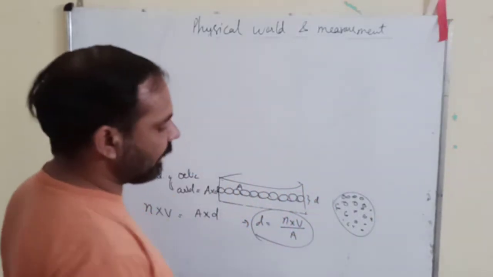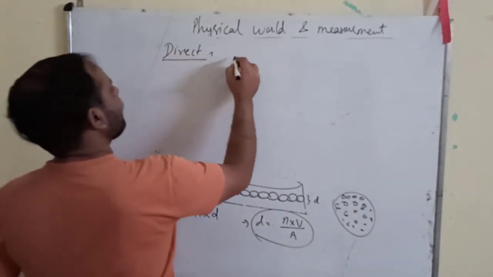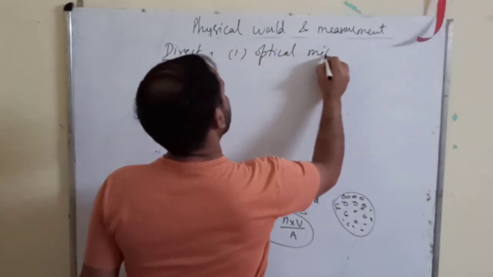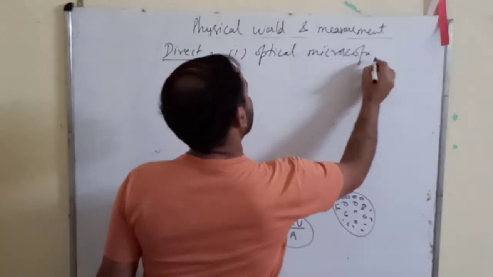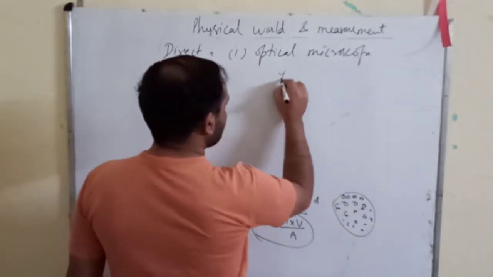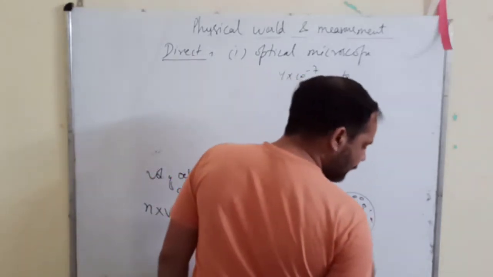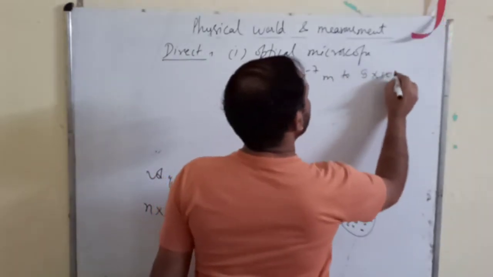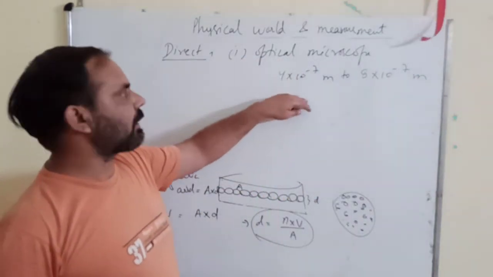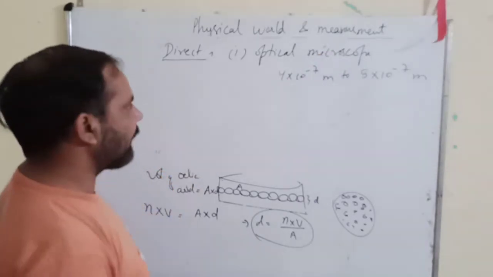In direct methods we have the optical microscope, which can measure from 4 into 10 raised power minus 7 meter to 8 into 10 raised power minus 7 meters. Up to this much distance it can measure, 4 into 10 raised power minus 7 to 8 into 10 raised power minus 7.